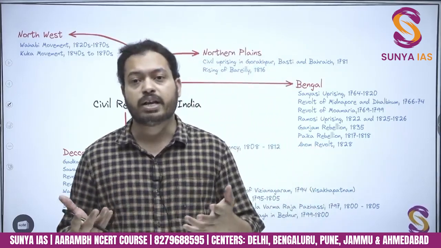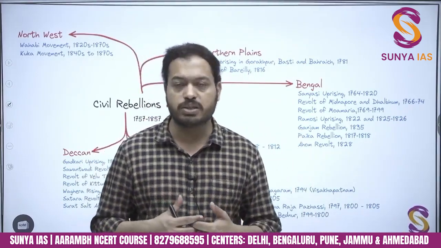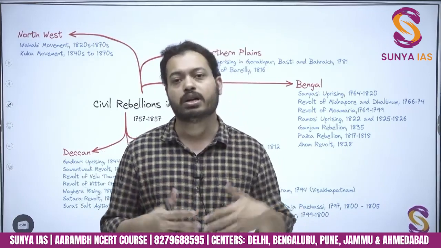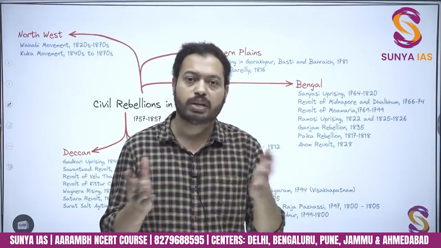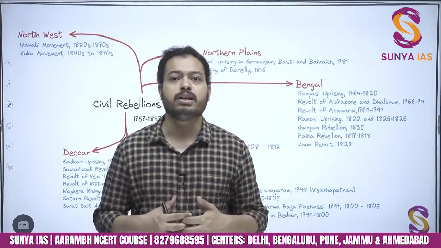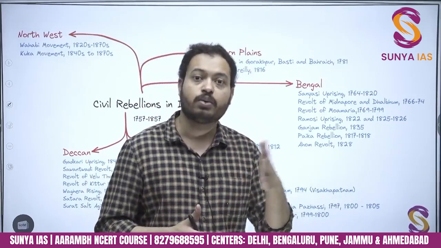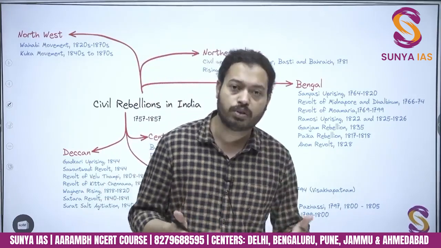When Nagpur was taken over by the Britishers, the Gadgaris who had been working there no longer had jobs, so they rebelled. A similar kind of rebellion also happened in Satara, somewhere around 1820 to 1823. So these kinds of revolts used to happen.